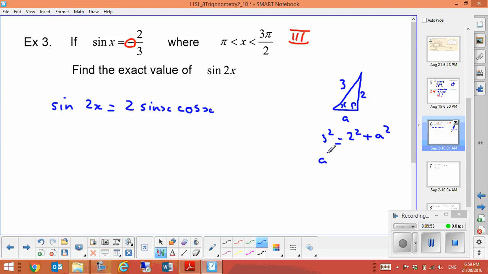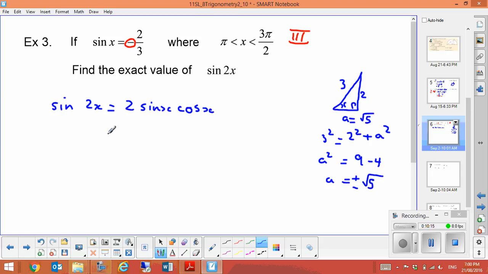So a squared equals 9 minus 4. So a is going to be plus or minus root 5. I've jumped a few steps. 9 minus 4 is 5, square root. Obviously we can't have a negative, so a must be equal to root 5.